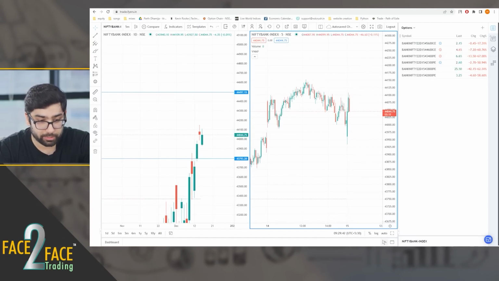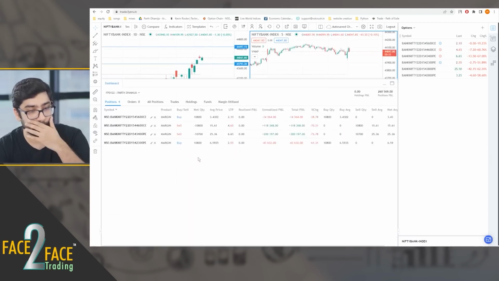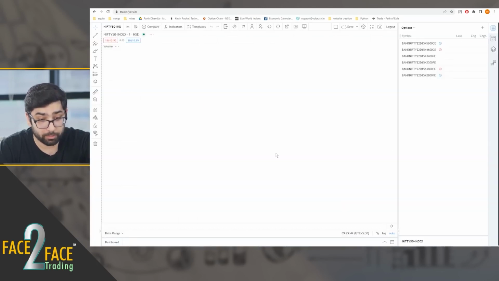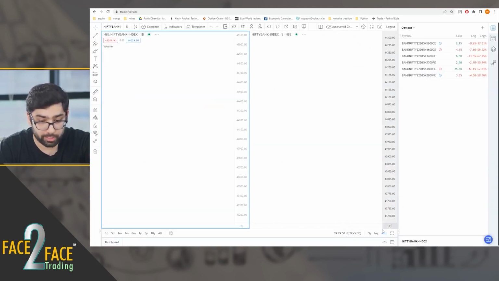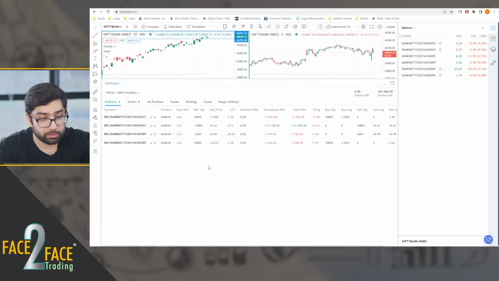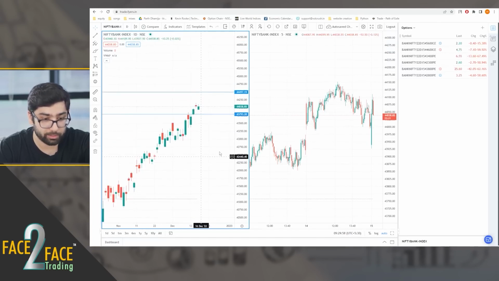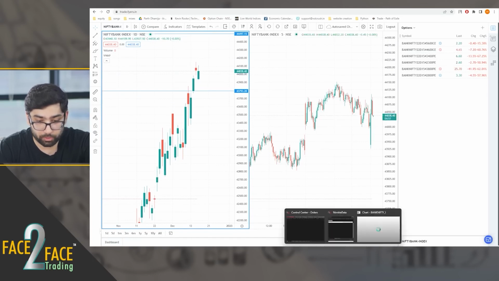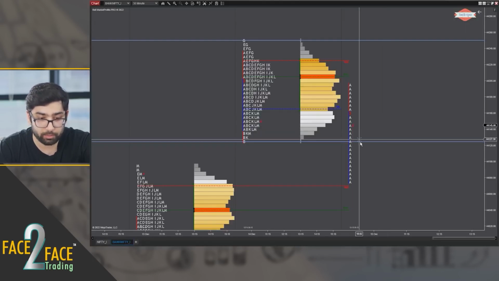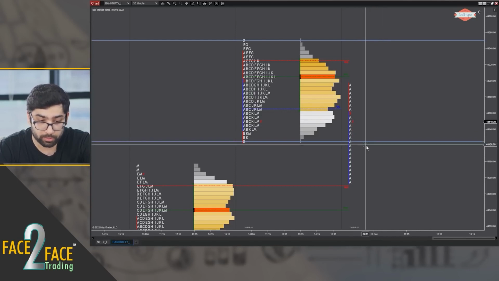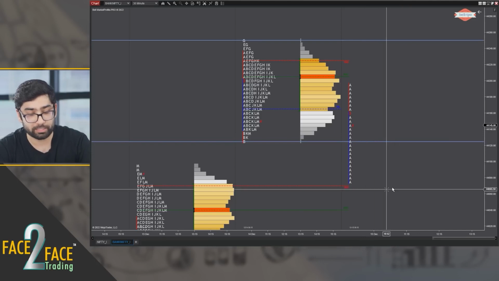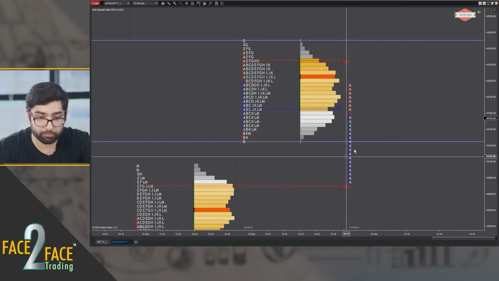And I've exited my carried forward puts, and I have entered 43,800 with 1/3 quantity. I'll gradually add if I get better prices. But one thing is for sure, if the prices come back below yesterday's low, which is a very important reference for buyers, I will probably look at exiting this position, and we will take a fresh view on the market.